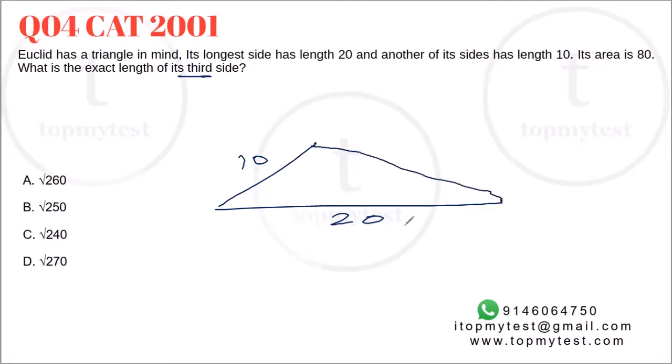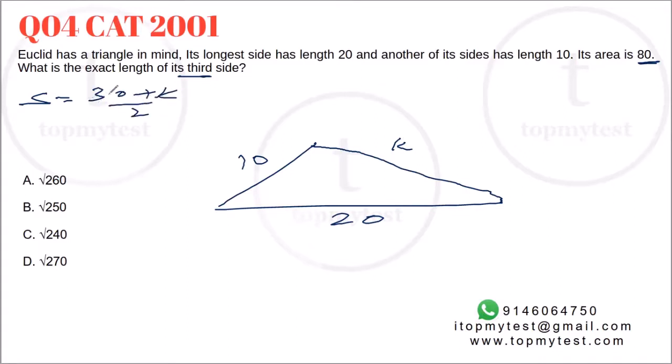We know 20 is the longest side, right? So one way to go is use Heron's formula, and that's the basic urge. You know the area of the triangle, you know the two sides, you can find the third side. But think about how painful Heron's formula is going to be. For example, the semi-perimeter will be 20 plus 10, 30 plus k, divided by 2.